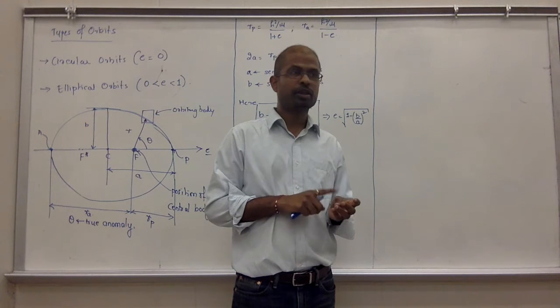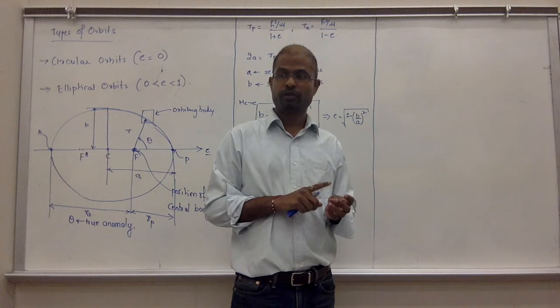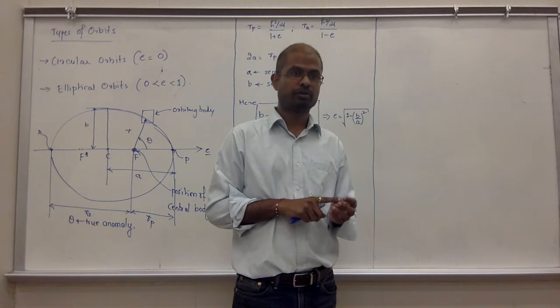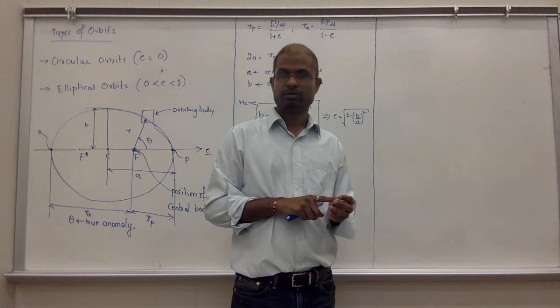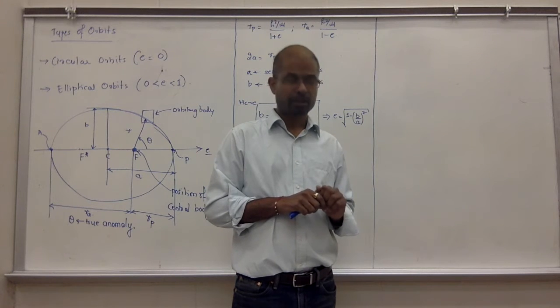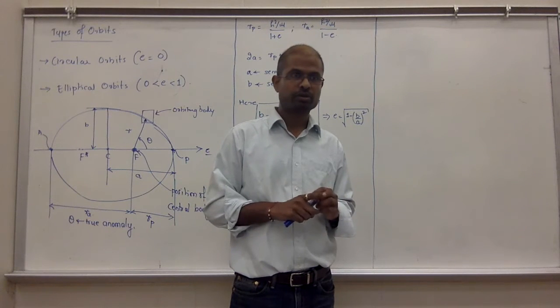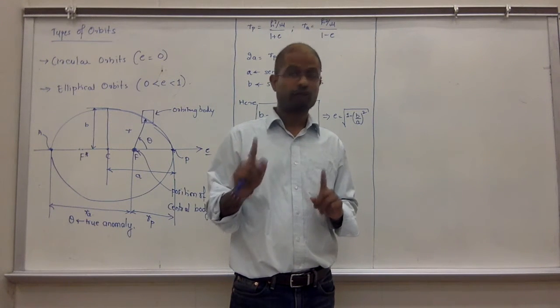The central body is much larger than the orbiting body. The only force acting on the orbiting body is the gravitational force. And what is the third one? Spherically homogeneous. Okay? So under these assumptions, the orbit does not change. It's not a function of time.